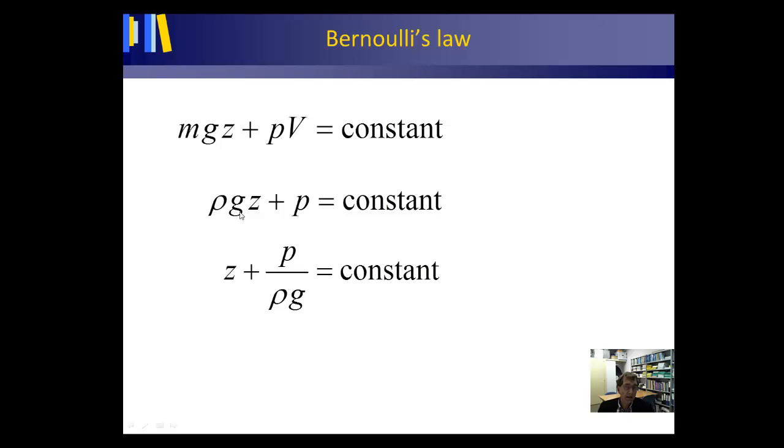And if we do that, if we divide rho g z by rho g, of course we get z, and if we divide p by rho g, this is what we get. And also these terms added together are constant. And of course what we see now, this term was in joule, also this one of course, but now we find here the terms in meters.